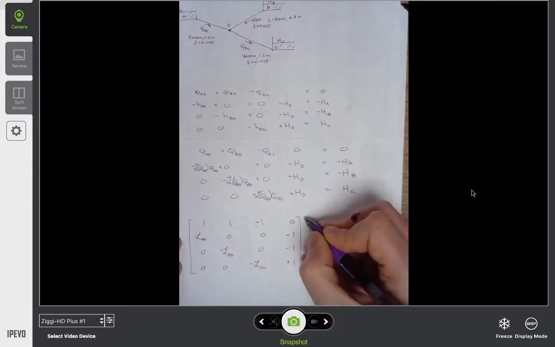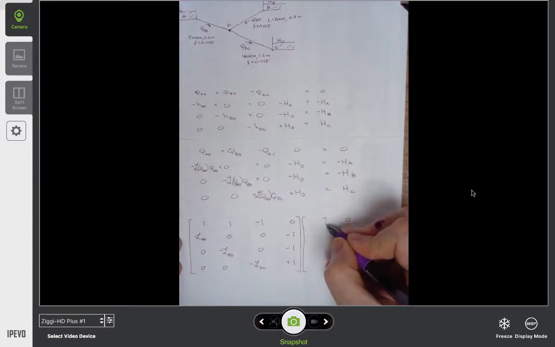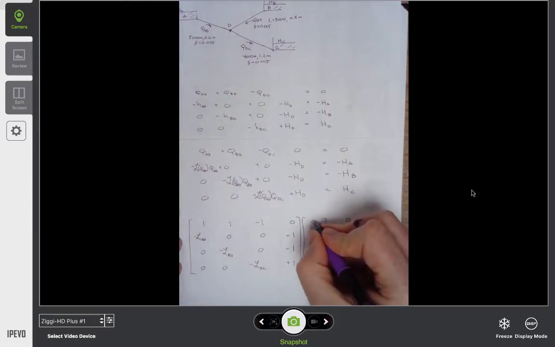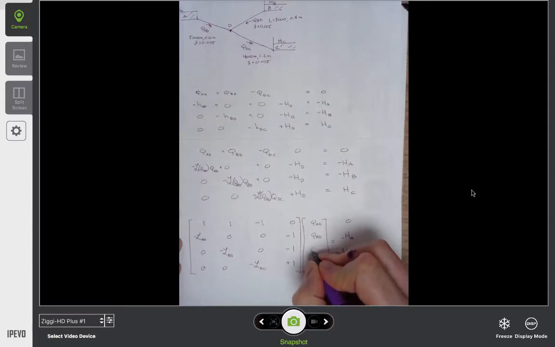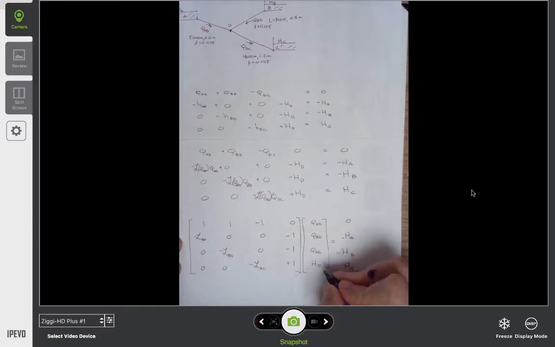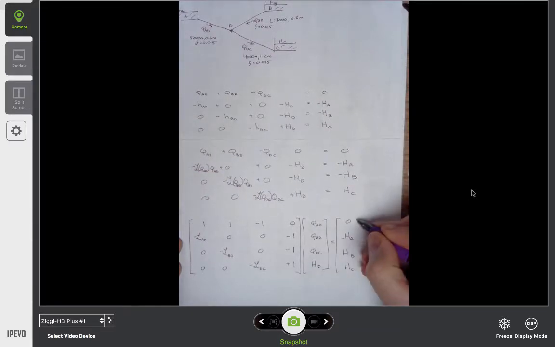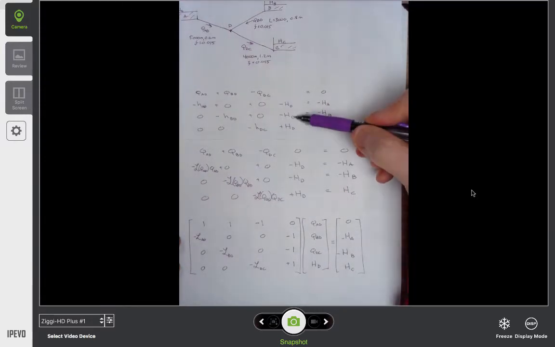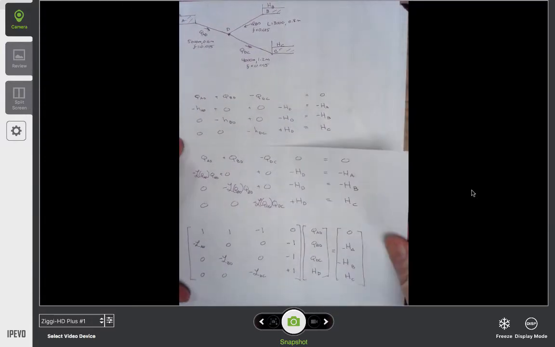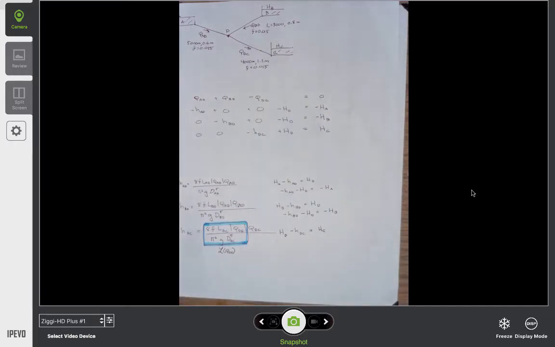And I have to multiply that matrix by QAD, QBD, QDC, HD. Get that right-hand side figured out. And that's now, my same system is up here, converted into a vector matrix representation.